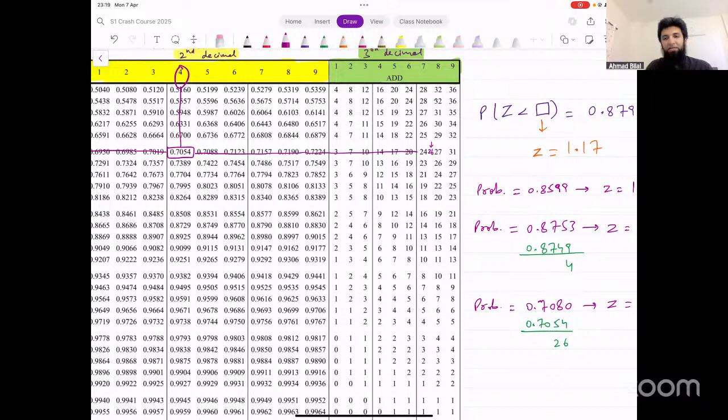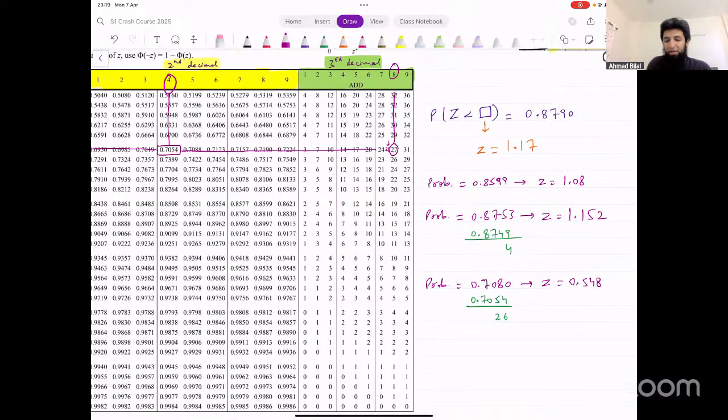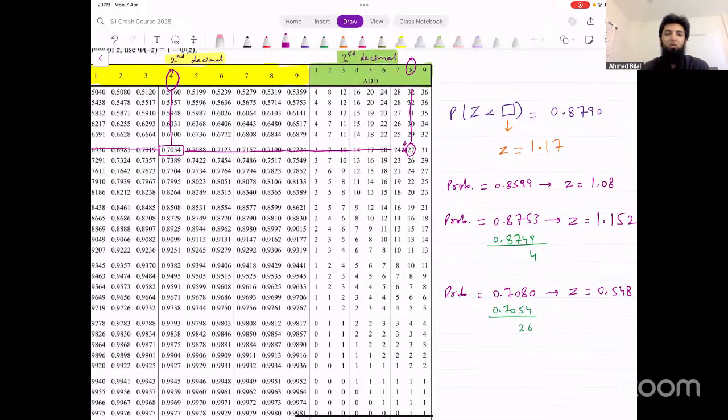Is 26 closer to 24 or is it closer to 27? It's closer to 27. Since it's closer to 27, we select 27 from here and we say, okay, this is the third decimal place, which is 8. So if you cannot find that exact number there, you see which number it's closer to. Okay, so 26 was closer to 27, so we chose 27. The third decimal place turned out to be 8 for that. That's the Z value when probability is 0.7080.